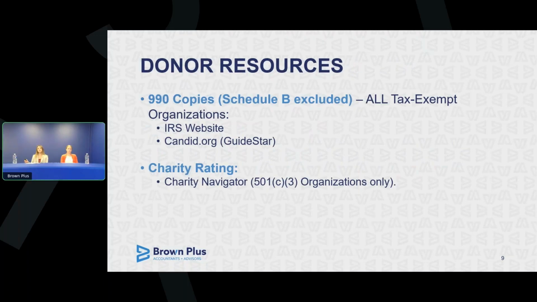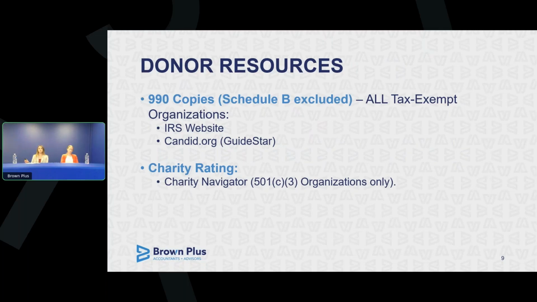Talking a little bit about donor resources. If you're a donor, what options do you have to research organizations? For all tax exempt organizations, your 990 is open to public inspection, except for Schedule B, which includes donor names and addresses, but everything else included on your 990 is open to public inspection, and donors can get that either on the IRS's website.